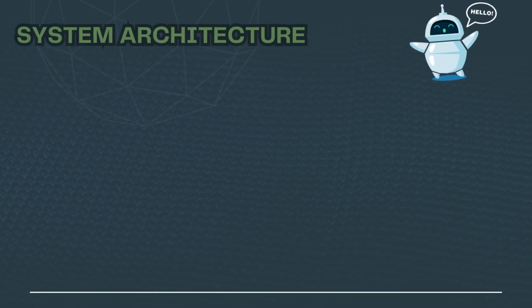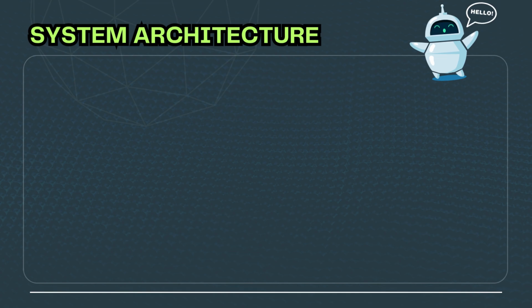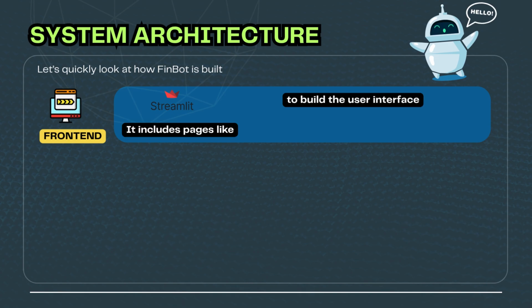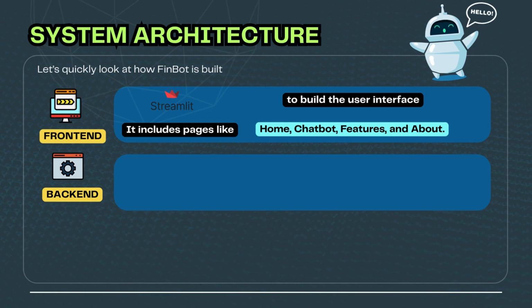Now, let's look at the system architecture. Let's quickly look at how FinBot is built. For the front end, I use Streamlit to build the user interface. It includes pages like home, chatbot features, and about section. In the backend, it is built using FastAPI.